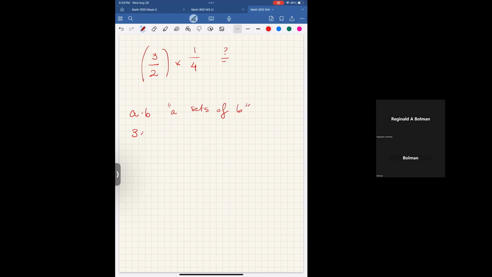So if you have 3 times 2, you would say 3 sets of 2. Now, the problem is that 3/2 times 1/4 is literally saying 3/2 sets of 1/4. And of course, the question is, how are we supposed to interpret such a statement?